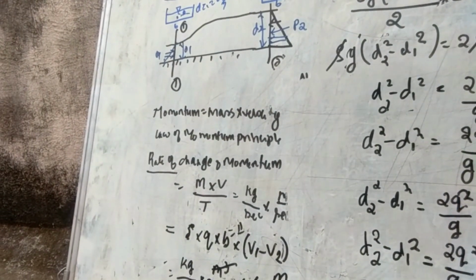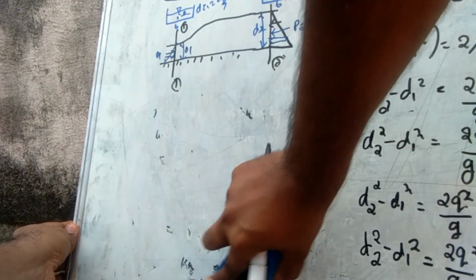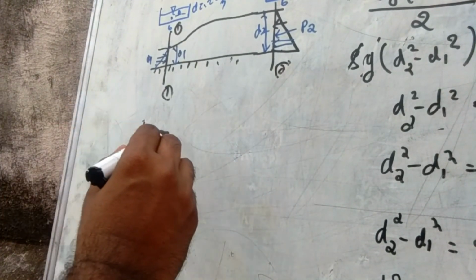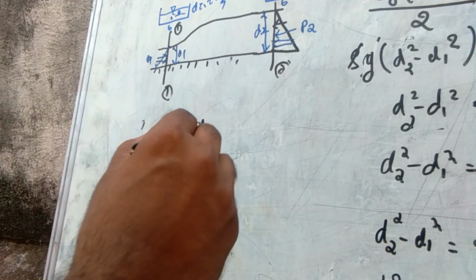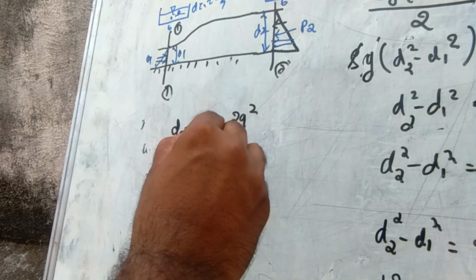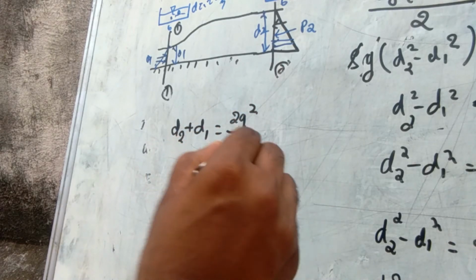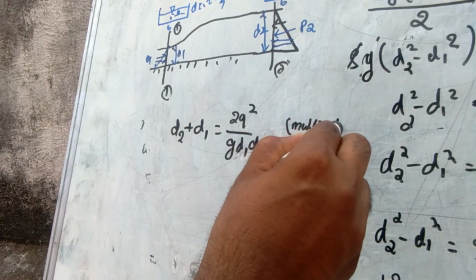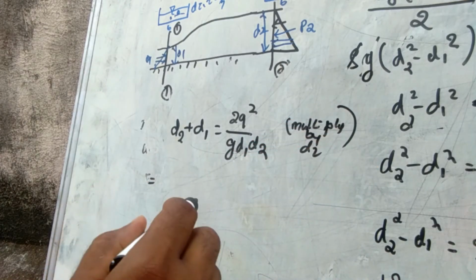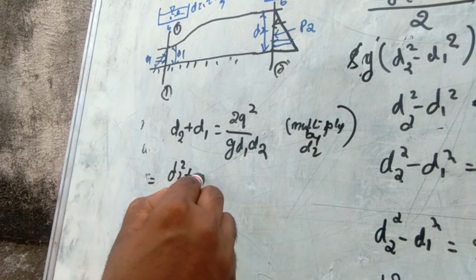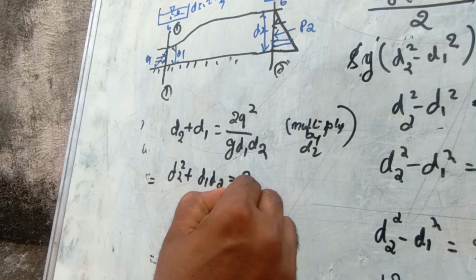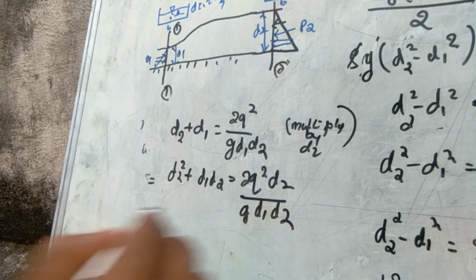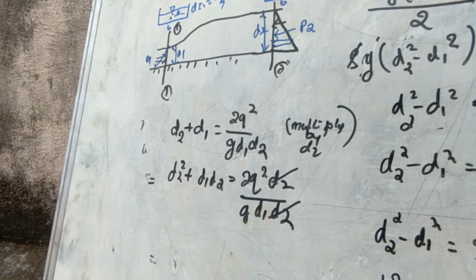I can cancel this part, d2 minus d1. So d2 plus d1 is equal to 2q square divided by g d1 d2, and multiplied by d2 on both sides: d2 square plus d1 d2 is equal to 2q square d2 divided by g d1 d2. So d2 cancels each other.